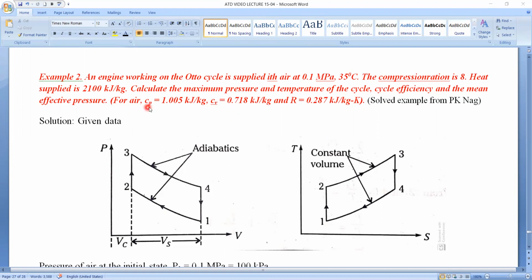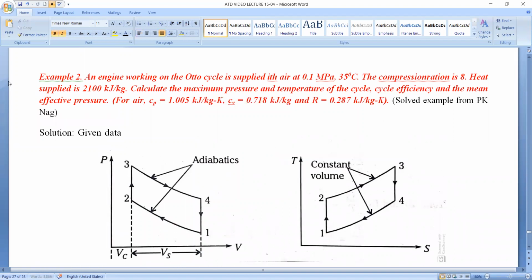So for air, Cp equals 1.005 kilojoules per kg kelvin, Cv equals 0.718 kilojoules per kg kelvin, and R equals 0.287 kilojoules per kg kelvin. Here it's supposed to be kelvin. The unit must be kilojoules per kg kelvin, and here also the unit must be kilojoules per kg kelvin.